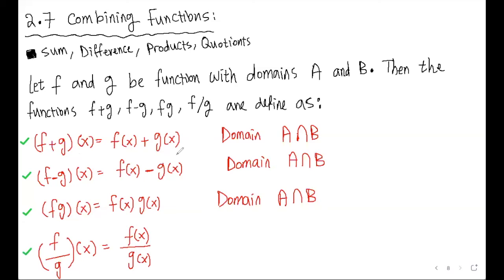The domain here is A intersect B except the zeros of g of x. Why? Because we have to remove the zeros of g of x from the denominator to make the function defined.